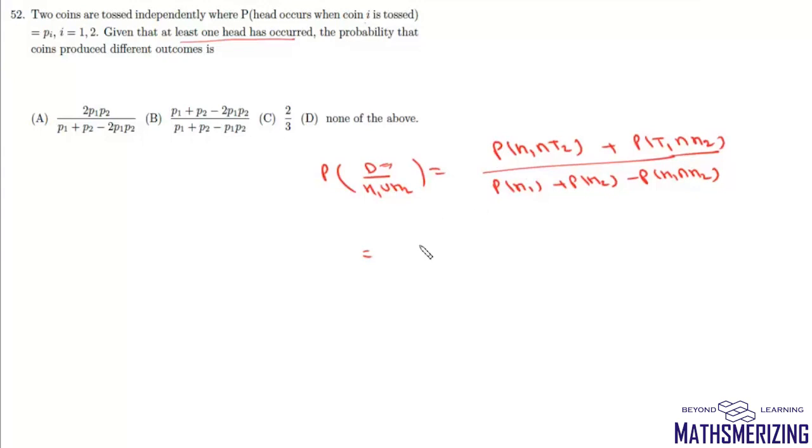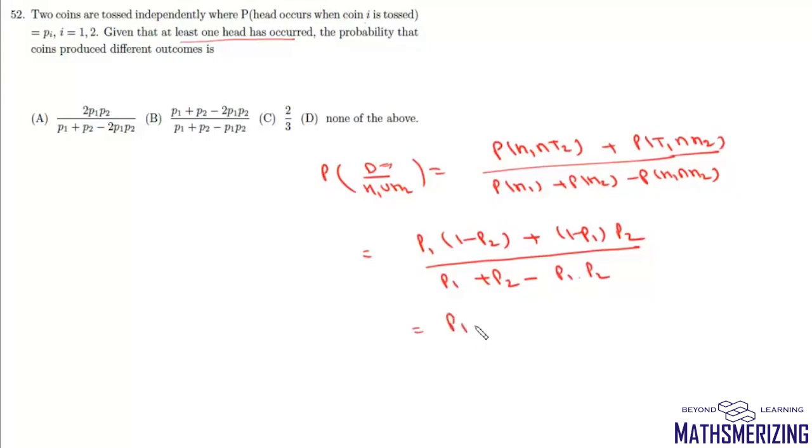So we can write probability of H1 as P1, and then probability of second tails is 1 minus P2, and in the same way it is 1 minus P1, and then P2. The denominator is P1 plus P2, minus P1 intersection P2, which is P1 into P2. So we can write this as P1 plus P2 minus 2 P1 P2 upon P1 plus P2 minus P1 P2, and that's your option number B.